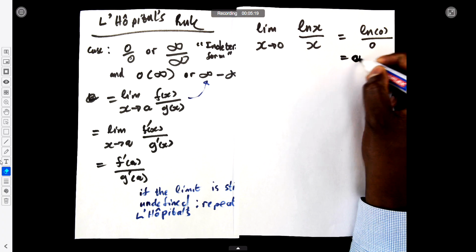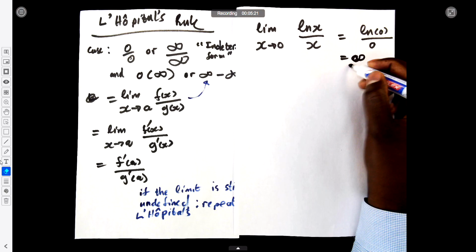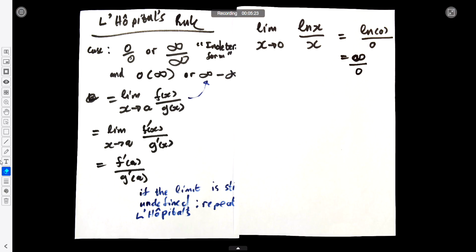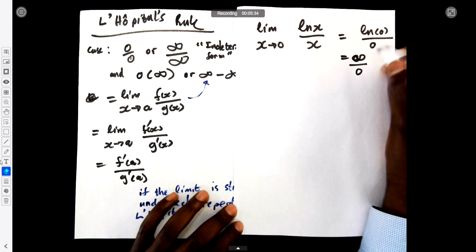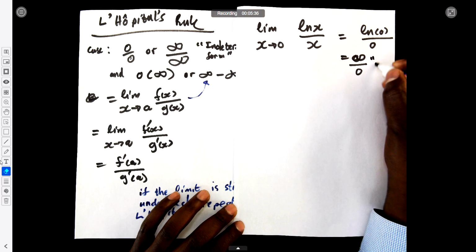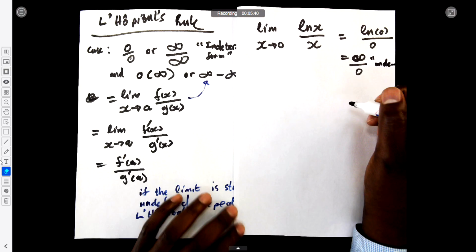So we have something like this, all divided by 0. So we still have another indeterminate form, and we cannot say infinity divided by 0. So this is an undefined situation. So it's undefined.